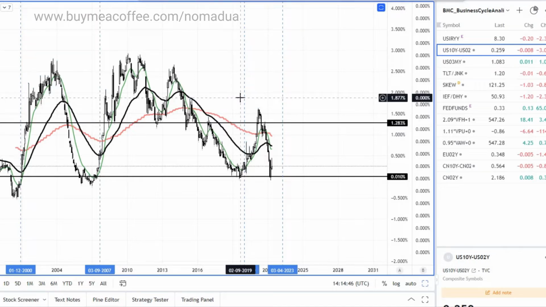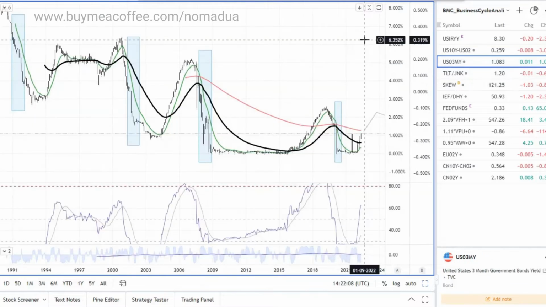Now let's look at the 3 months yield chart.